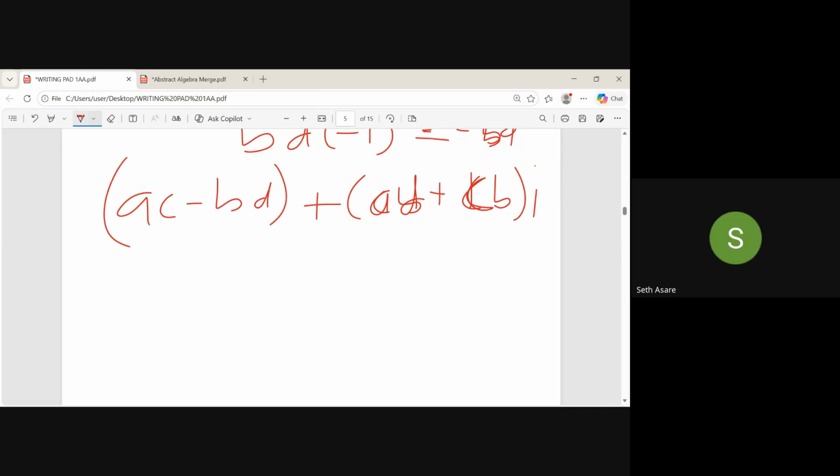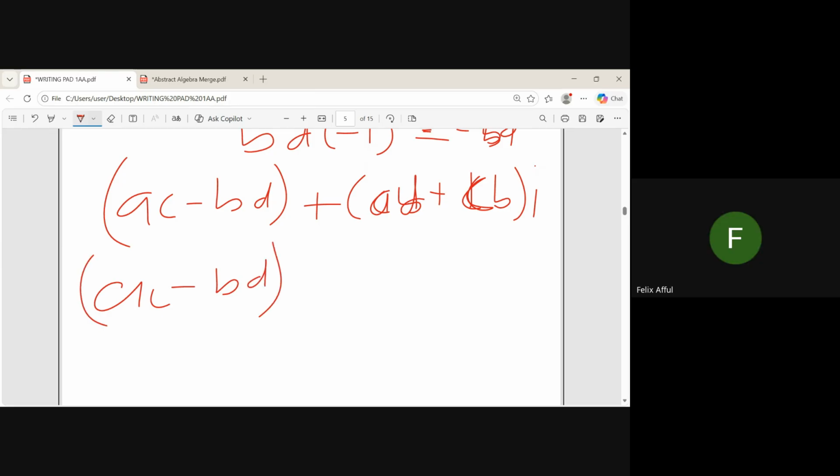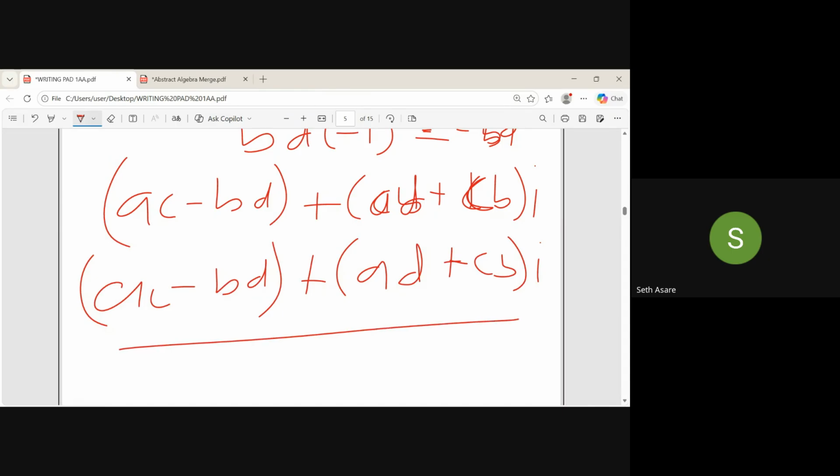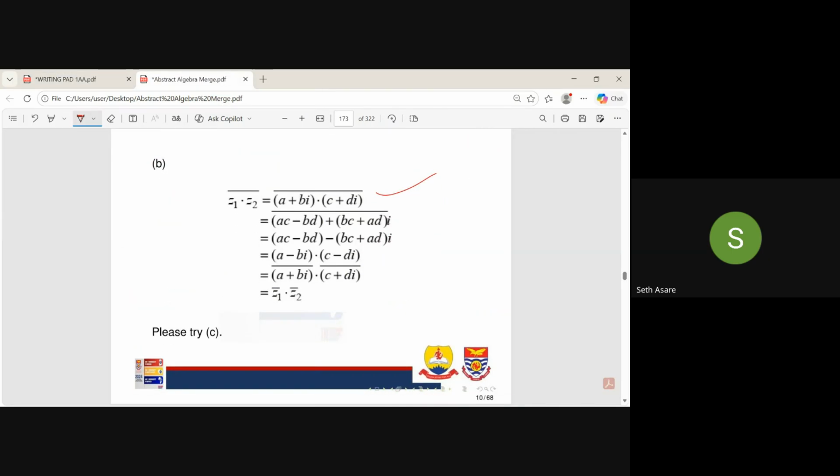So this is what I'm writing: AC minus BD, then plus AD plus CB with I attached. That is what we did here. And this became negative because there was I multiplying I, making it I square, and that turned into a negative.